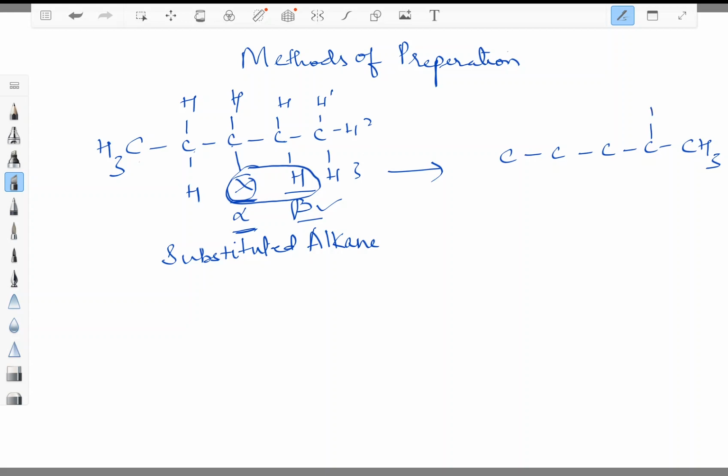Here it was H, here it was H, here it was H, here it was CH3, here it was H as it is. But what happens here? The X group and H is eliminated, is removed, so that we get a double bond here.